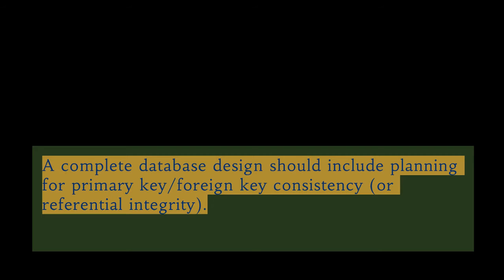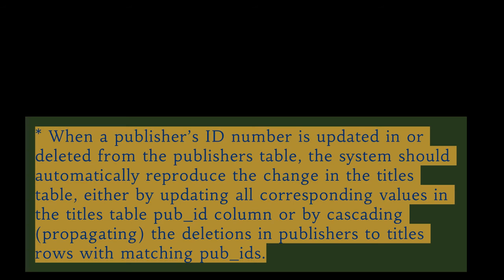A complete database design should include planning for primary key, foreign key consistency, or referential integrity. For example, when a publisher's ID number is updated in or deleted from the publishers table, the system should automatically reproduce the change in the titles table, either by updating all corresponding values in the titles table pub_id column, or by cascading, propagating the deletions in publishers to titles rows with matching pub_ids.